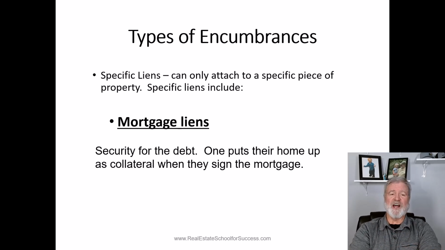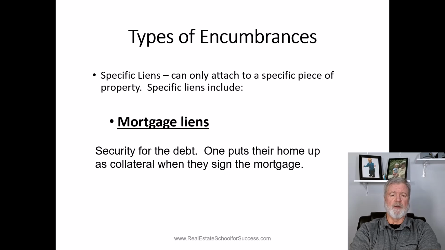That means you cannot do anything with that property. It's unmarketable until the lien is removed. Well, what would you have to do to remove a mortgage lien? You've got to pay off the loan, right? So once you've paid off that loan in full, then they will file a satisfaction, and that will remove the lien from the property, and then it will be free of at least that encumbrance.